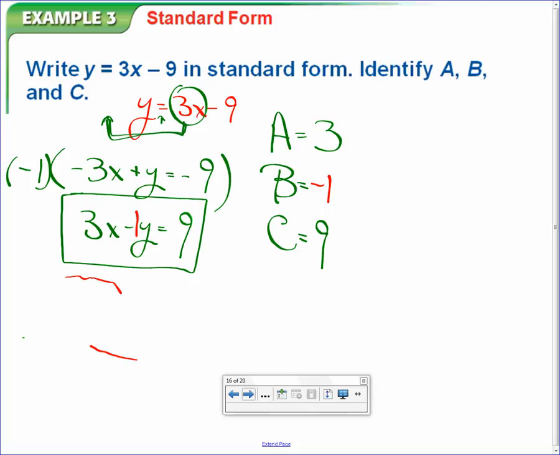If it's not linear, tell me why. And then on problems 5 through 8, write each equation in standard form, identify A, B, and C. Two parts to each one of those, just like I've done up here on the board. If it's missing either one of those two parts, it's not done. So put it in standard form and identify A, B, and C.